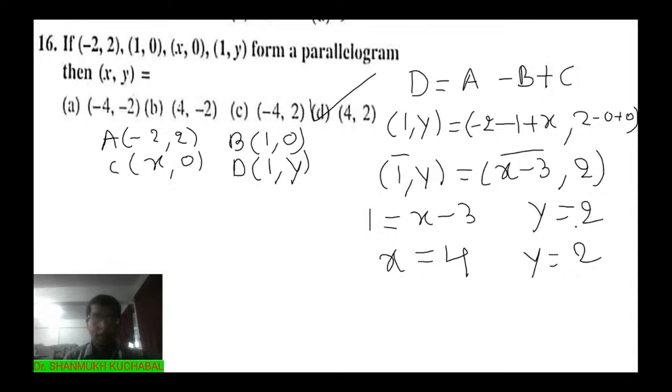We'll move to the next example, example number 17.